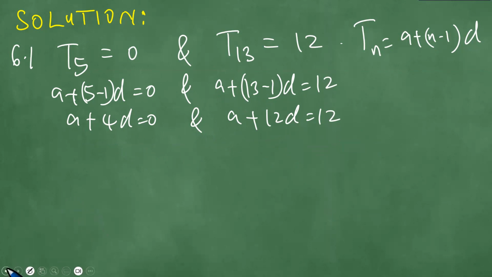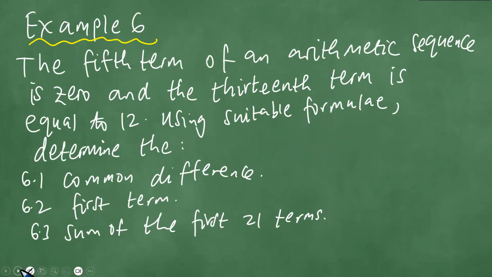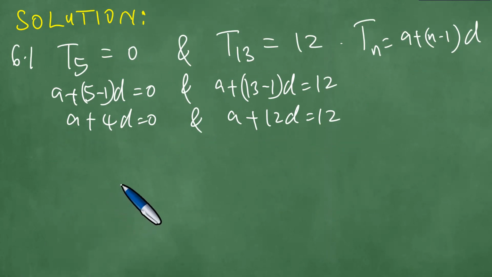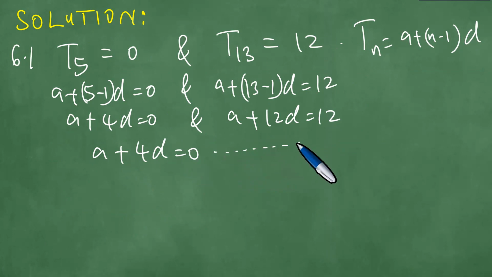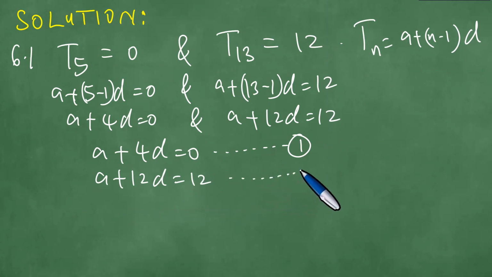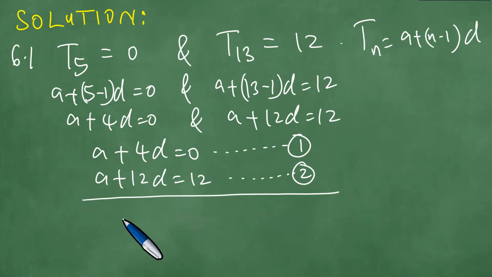With this formula, we're interested in the common difference, so we're looking for d. Call this a plus 4d equals 0, equation 1, and a plus 12d equals 12, equation 2. The question is looking for the common difference, so we must solve by elimination.